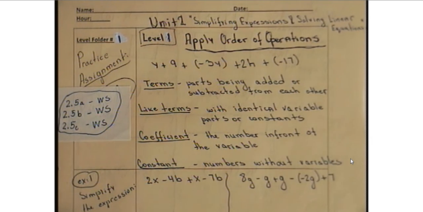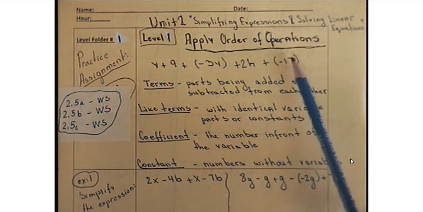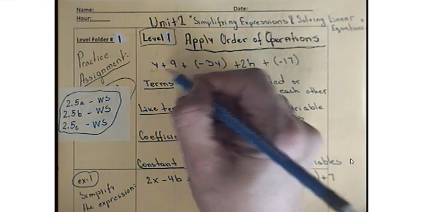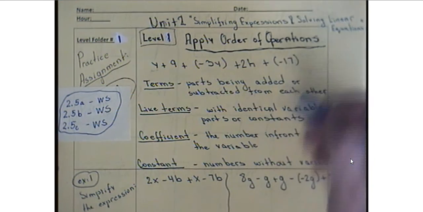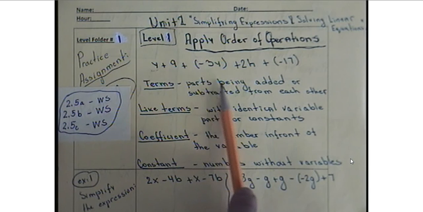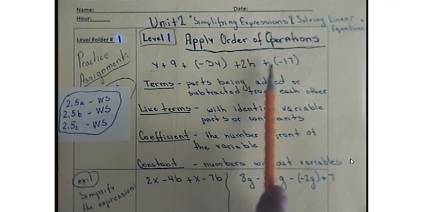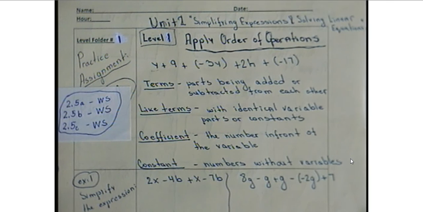Each individual number or number variable here, we call terms. So parts being added or subtracted from each other, we call those parts terms. So that will be the first vocab word for this mission.